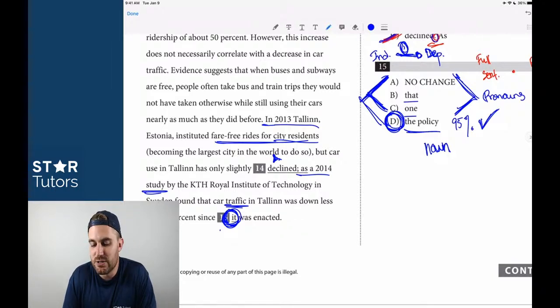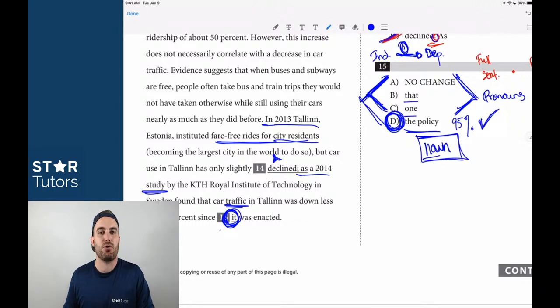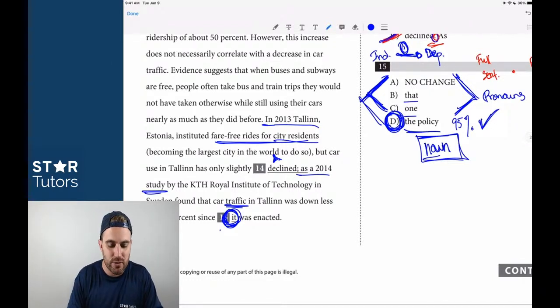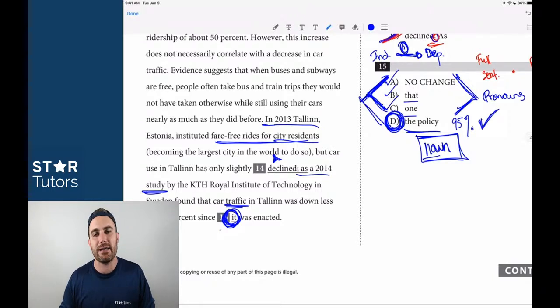So that's another little trick: if you see one answer choice with a noun, the policy, versus 3 answer choices with pronouns, the answer 95% of the time that's right is the one that's the noun. Does everybody see why the rule applies there? These pronouns, A, B, and C, aren't applying to anything. If we go back and ask ourselves which, we can't point to the bacteria like we did in number 4.